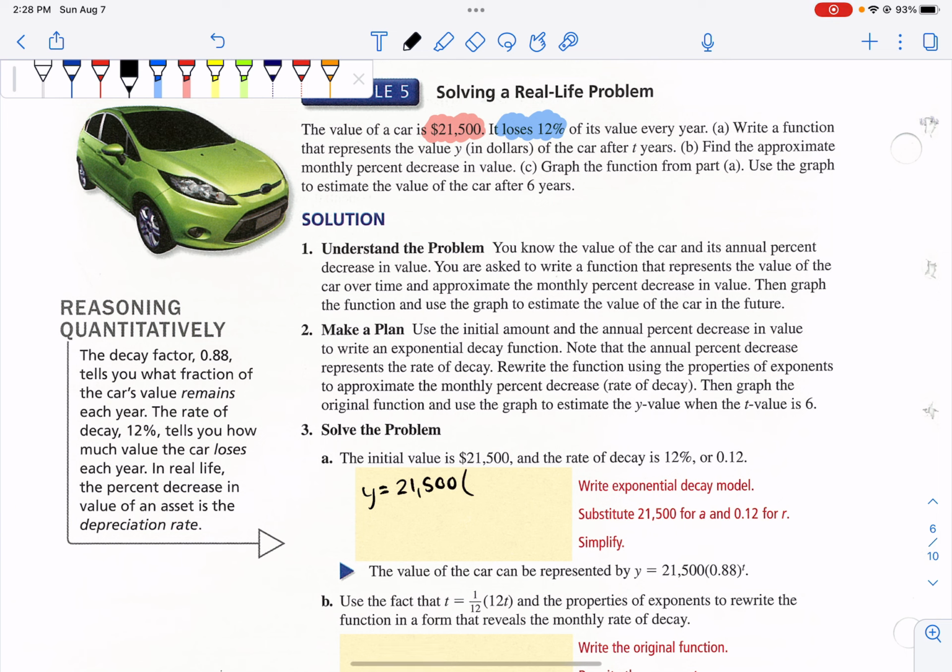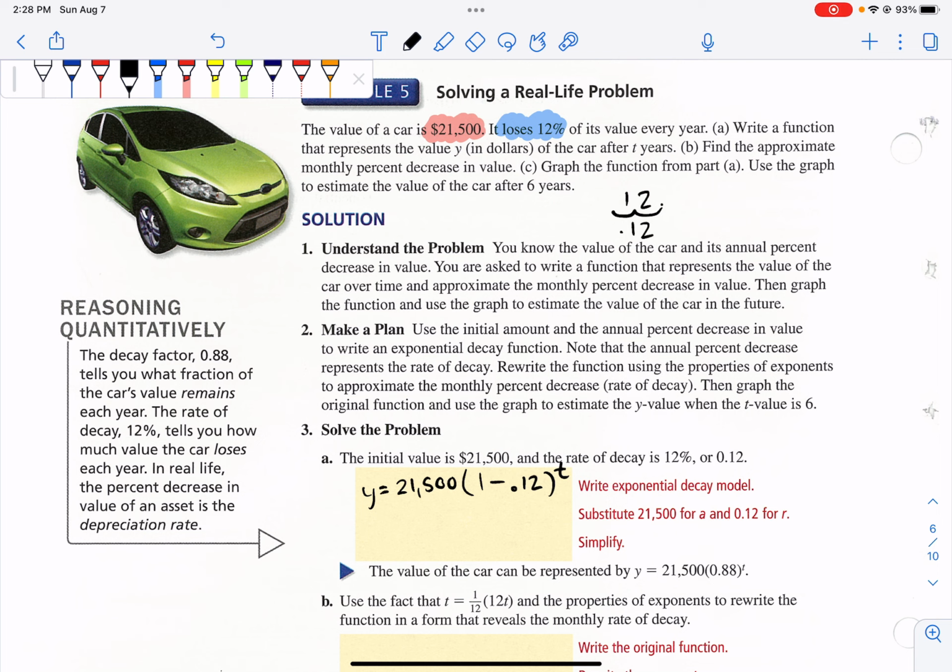So 21,500 parenthesis 1, and I'm losing 12%, so I'm going to do minus. Now 12% as a decimal becomes 0.12. So I'm going to minus 0.12, and then raise that to the value t. Simplify.